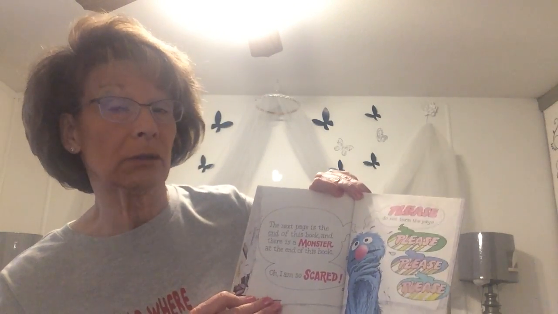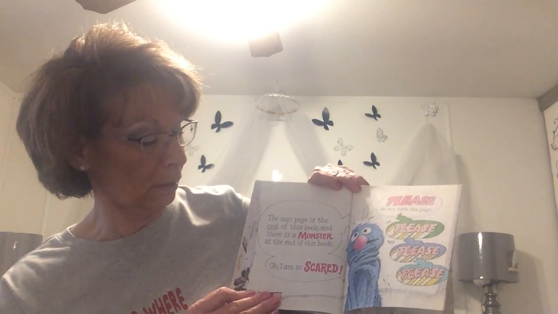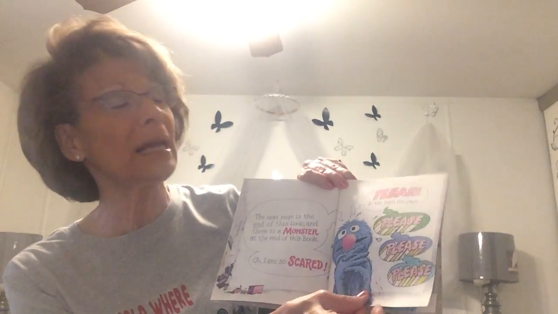The next page is the end of this book. And there's a monster at the end of this book. Oh, I'm so scared. Please do not turn the page. Please, please, please. Well, look at that. This is the end of the book. And the only one here is me.